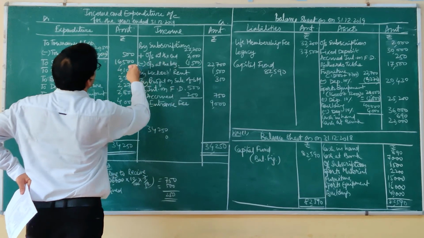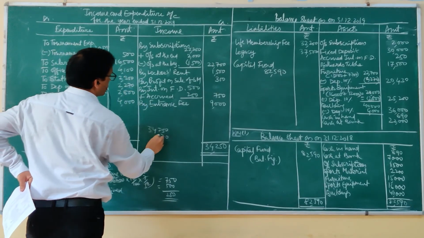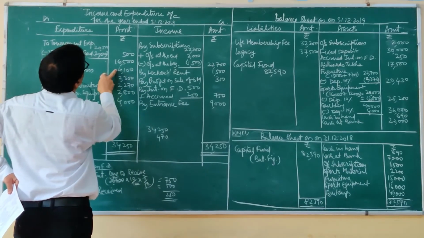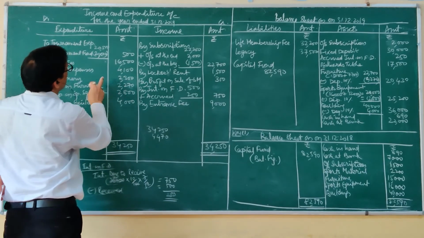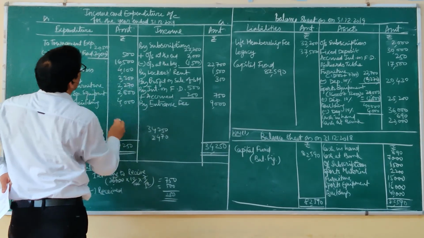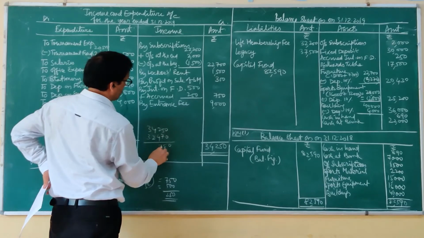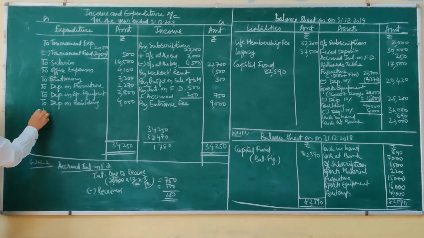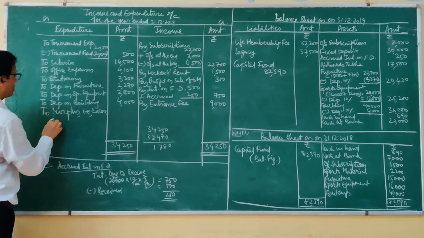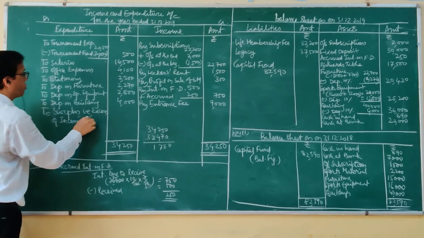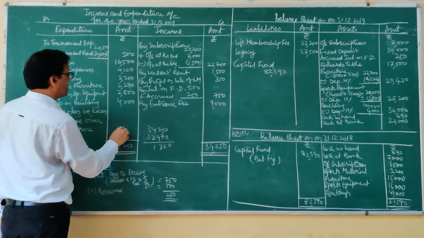So we have a surplus of 1,780. That is excess of income over expenditure, 1,780.